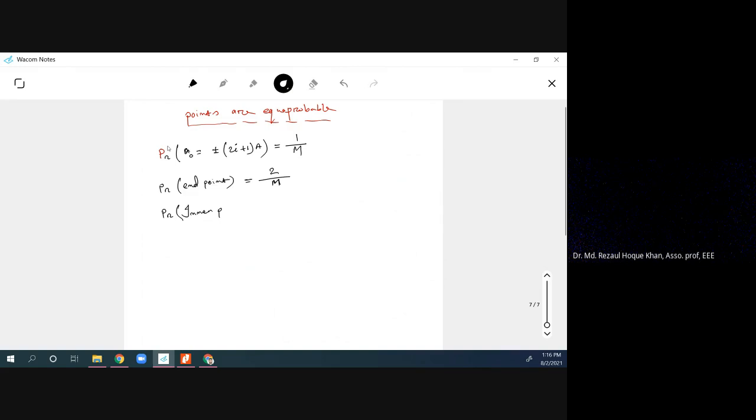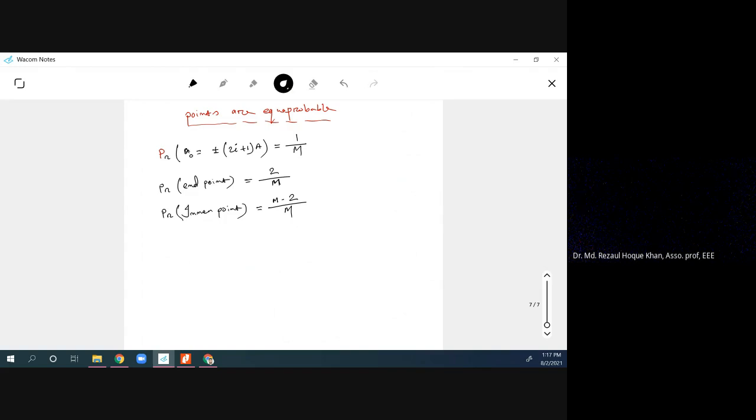If there are total m points and 2 are end points, then the in-between points are the inner points, so this is (m minus 2) by m. This is the probability, right?